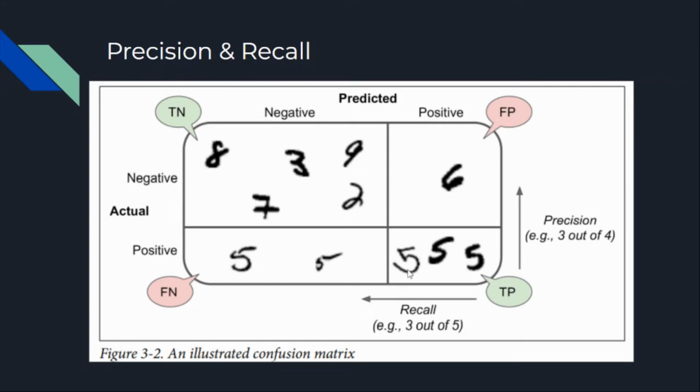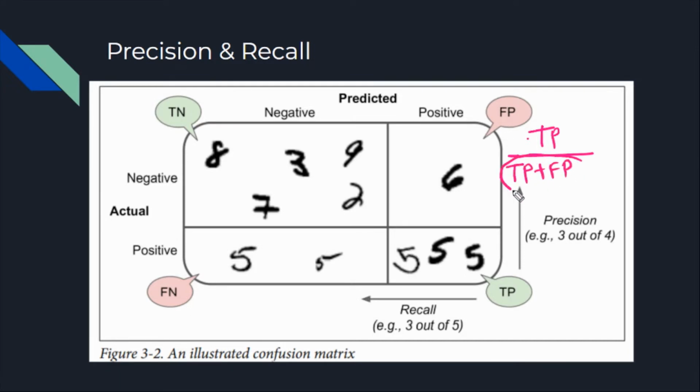Now the formula for precision is very straightforward. It is TP upon TP plus FP.